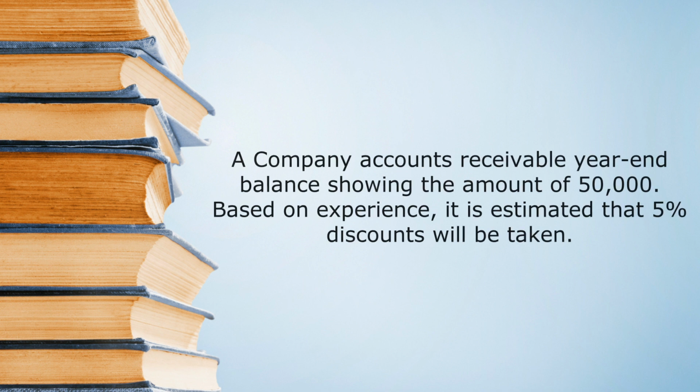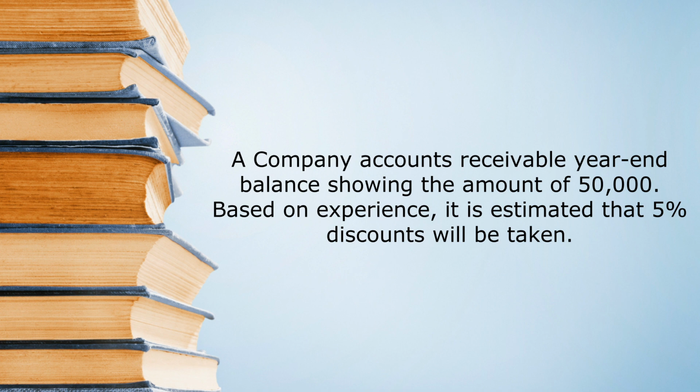So if customers are granted cash discount for prompt payment, then companies should estimate cash discount on open accounts at the end of the period based on their past experience. For example, a company's accounts receivable year-end balance shows the amount of 50,000. Based on experience, it is estimated that 5% discounts will be taken.